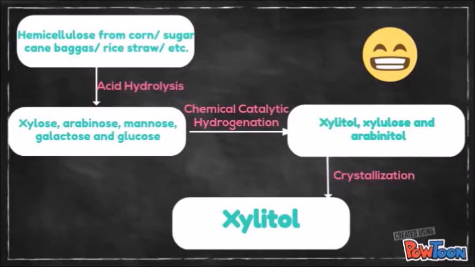Now, in order to obtain the xylitol itself, we have to separate it from the other sugar alcohols. To separate this, we can do the crystallization process, and then we can obtain the xylitol. Now let's move on to the reactor. To the catalyst.